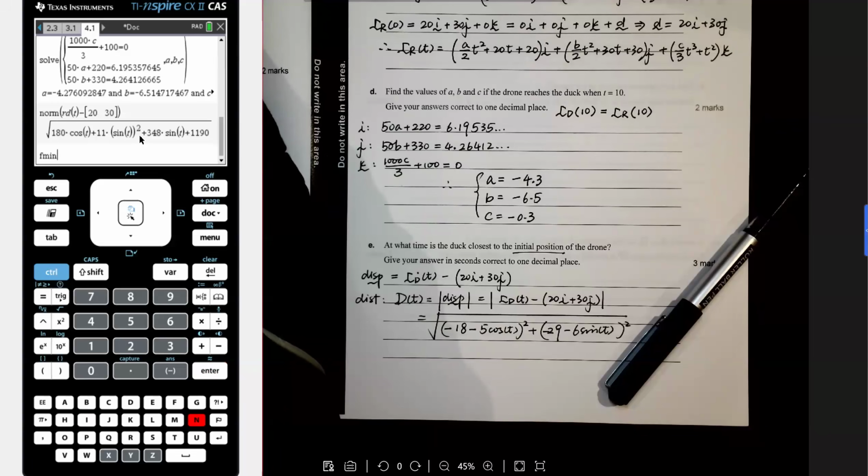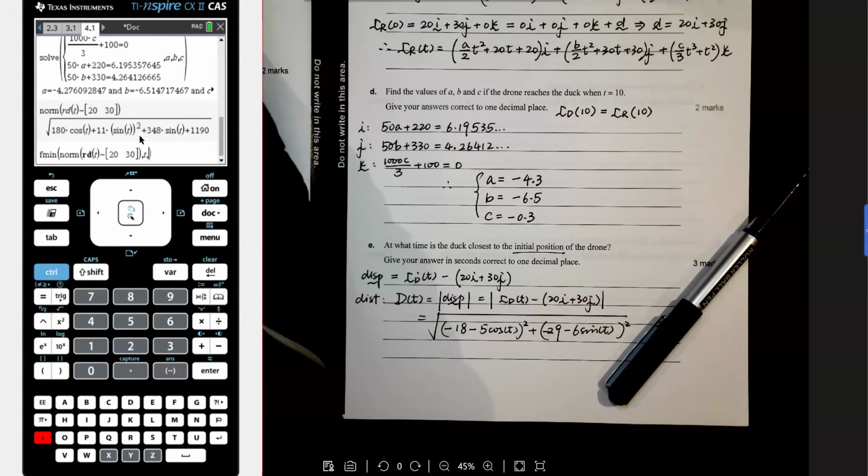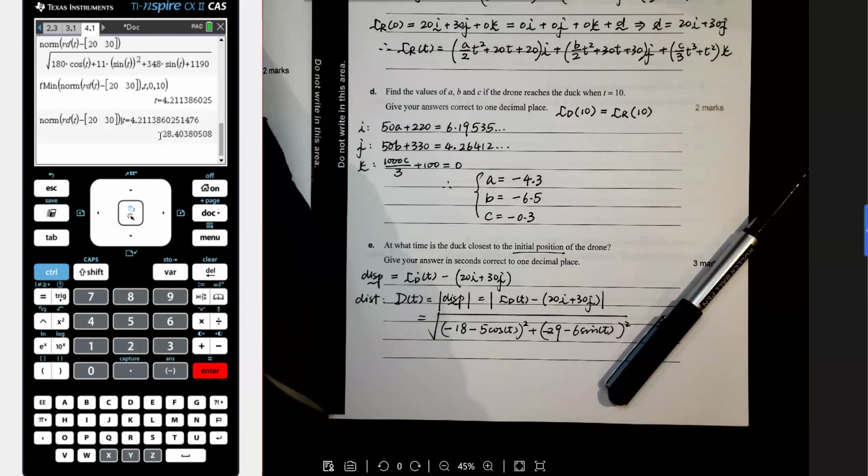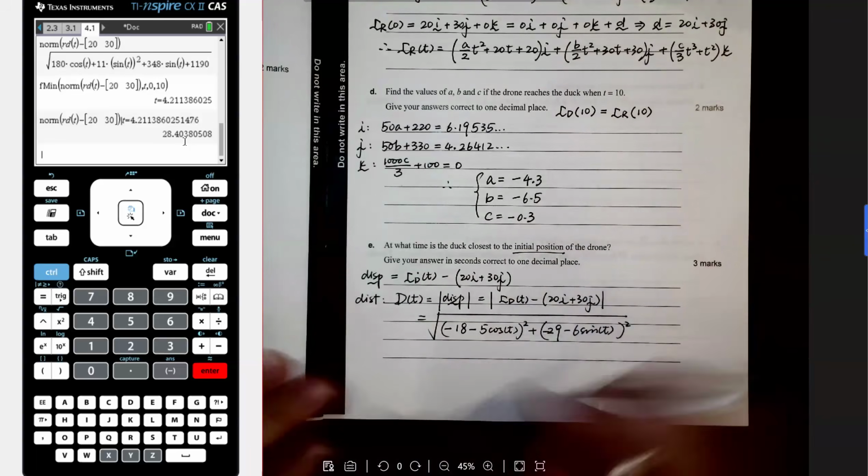Then you just get fMin. Notice that the domain restriction for RD is 0 to 10. So we press Control Enter. And this is a t value. And the question didn't ask for the shortest distance, so we can just stop here. But if you really want to find the shortest distance, this is a substitution. So the shortest distance will be 28.4 meters, etc. Okay.